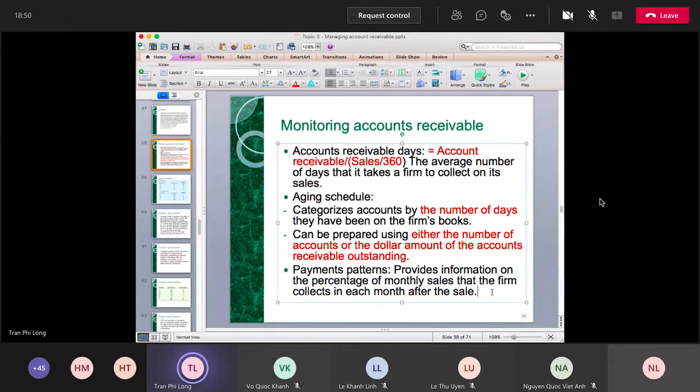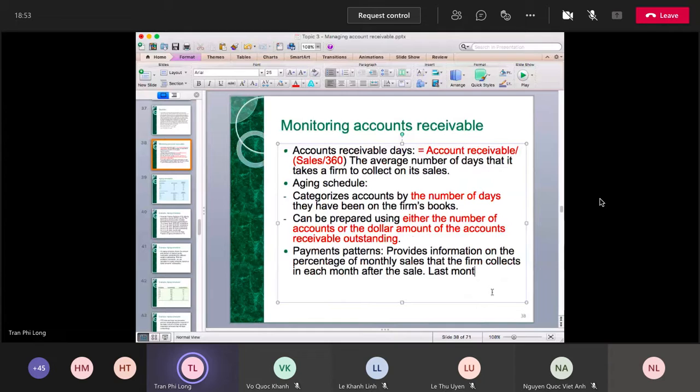For example, last month the collection rate is, let's say, 70%, and this month the collection rate is only 40%. For the other previous months, the collection rate is around 70%. So it will suggest that your company had some problem in the collection process.